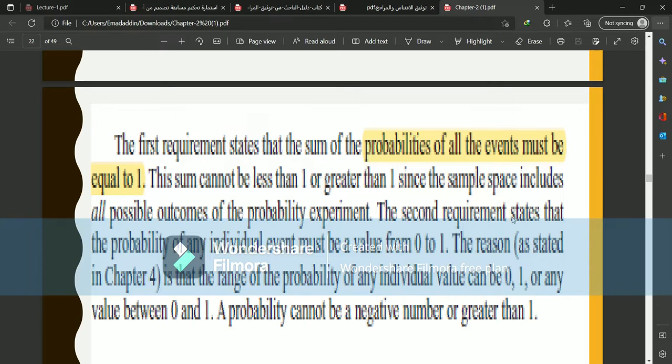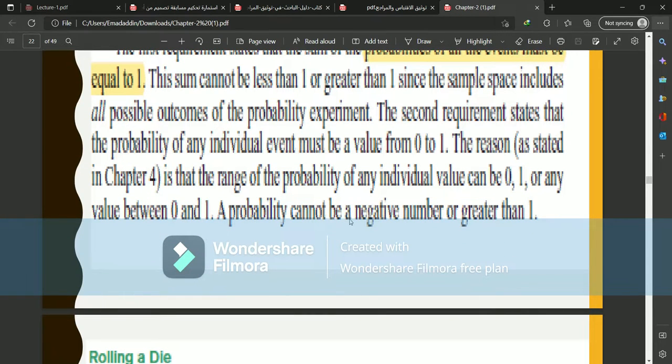The second requirement states that the probability of any individual event must be a value from 0 to 1. The reason, as stated in chapter 4, is that the probability of any individual value can be 0, 1, or any value between 0 and 1. Probability cannot be a negative number or greater than 1.